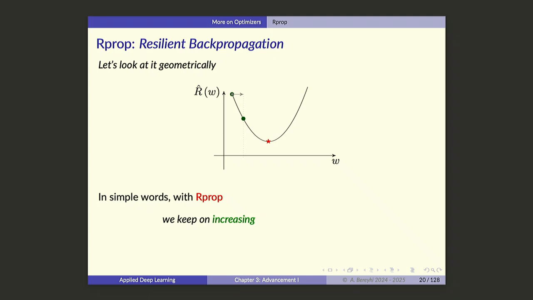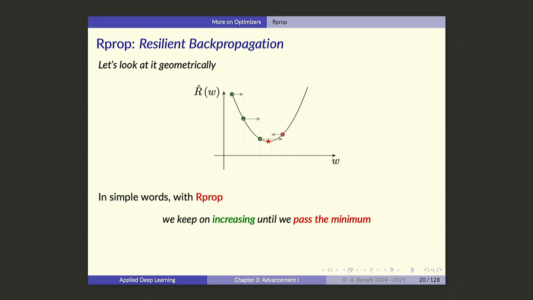This means that I should keep going forward, and in the next iteration I'm going to take a larger step. Again I see the same sign, so I'm going to go even faster, and then I'm going to pass the minimum. Now I see the sign changed, so I'm going to get back slower, hoping that I'm going to get back to the minimum point.